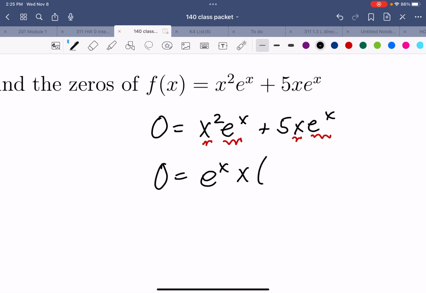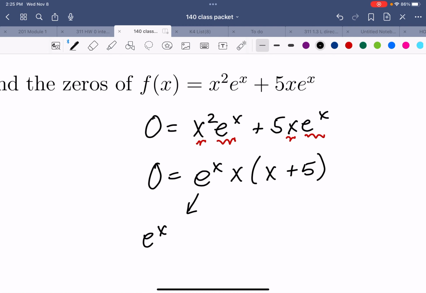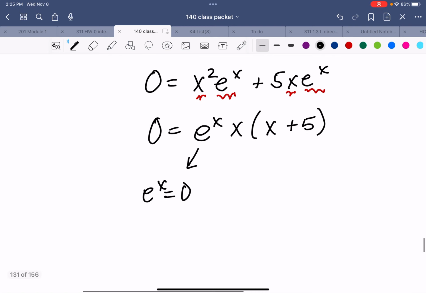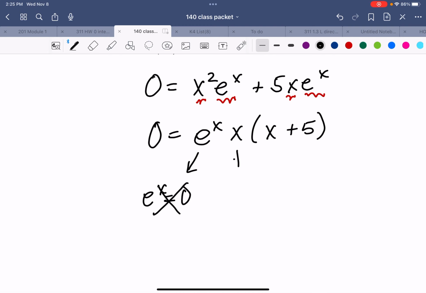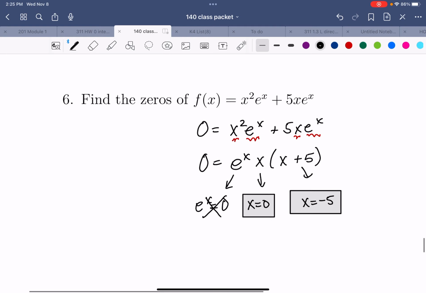When I take both of those out, I'm left with x plus 5. Now we know we set e to the x equal to 0, and we know that that never happens. Okay. Then we set the x equal to 0, and we get a 0. And then we set x plus 5 equal to 0, and that's going to give us x equals -5. Okay, so just factoring out that e to the x is how we solve.